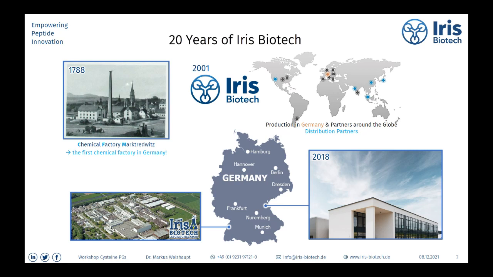Nowadays, Iris Biotech has its own production site in Germany, as well as production partners mainly focused in Europe and Northern America. We also have a net of worldwide distribution partners to give us a global footprint.